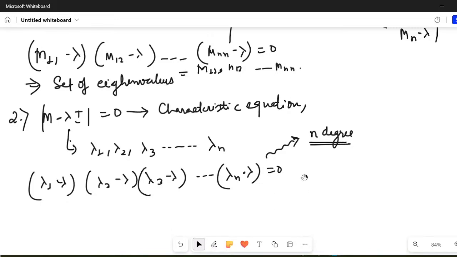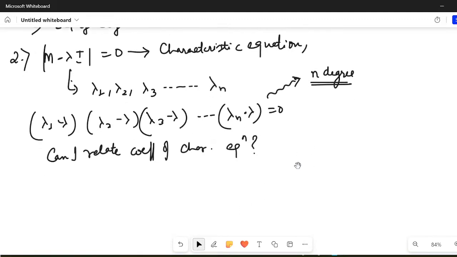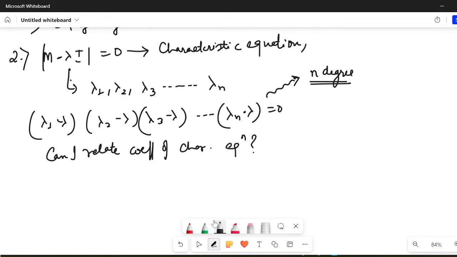Now, if someone asks you in the examination, can I relate the coefficients of the characteristic equation with the eigenvalues? Yes, indeed you can. A couple of them I'm showing, and the rest I'm not going to write, because this is something from theory of equations you should know. Probably you will not be that aware, but I'm just showing you.